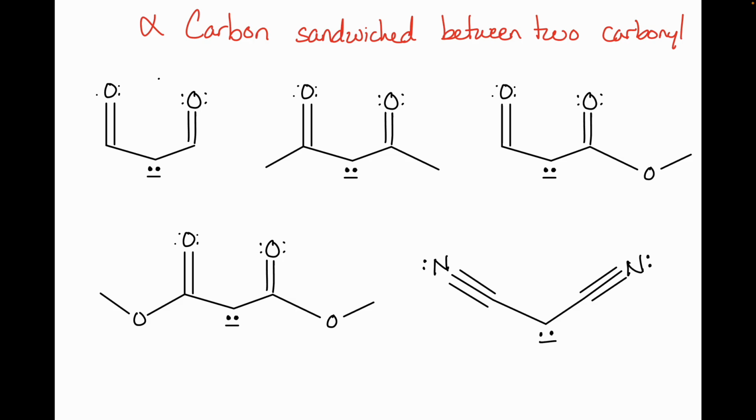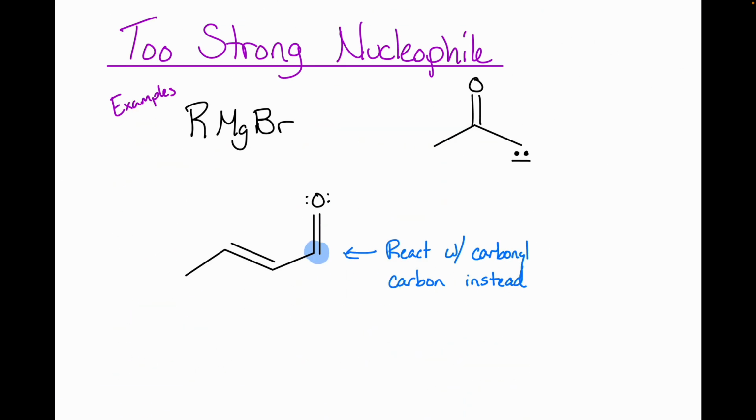So let's just take a look at a specific example. We'll kind of start simple and then build up. All right, we're just going to do a bunch of Michael reactions.